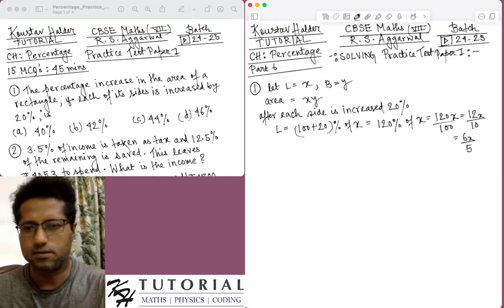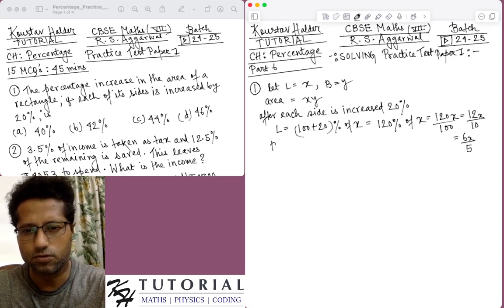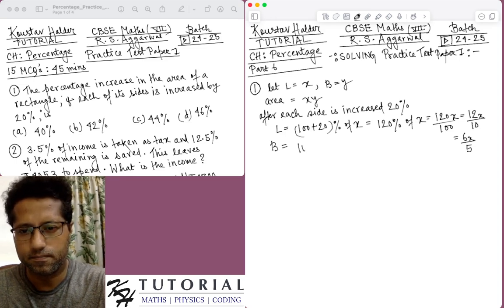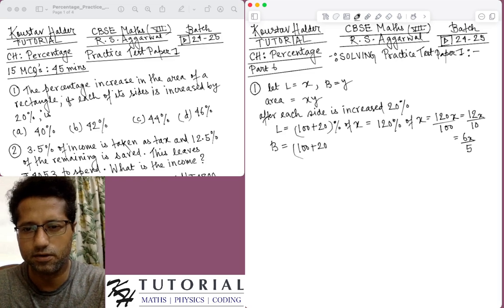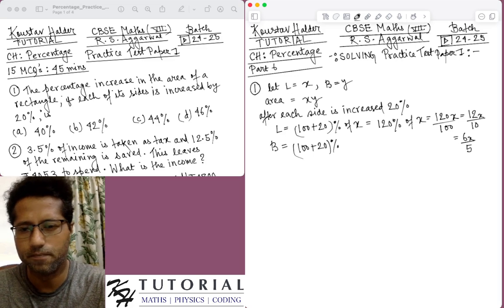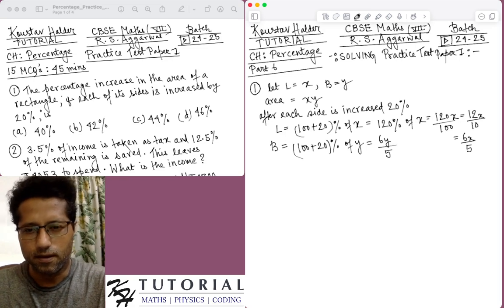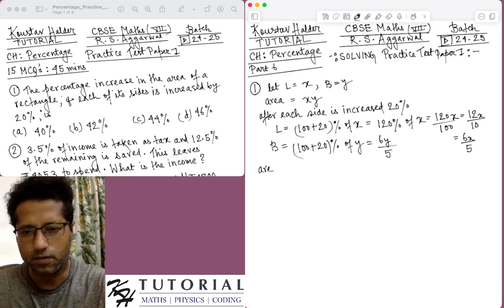Similarly, since both the sides are increased by 20%, the breadth will also be 100 plus 20% of y, which equals 6y by 5.